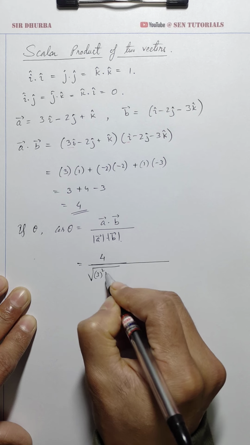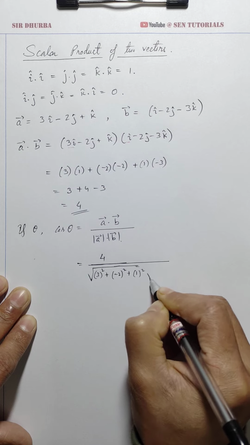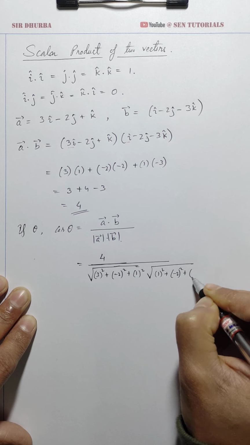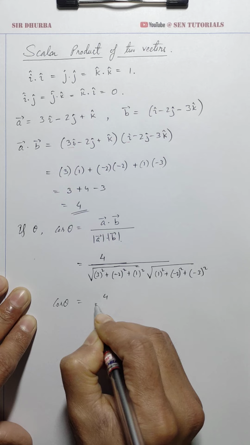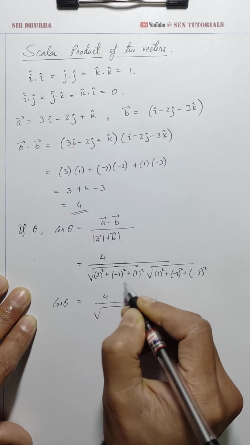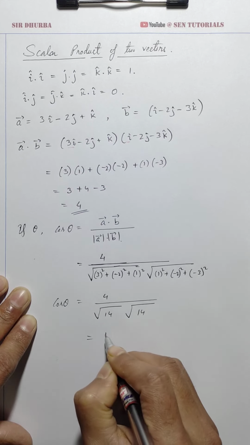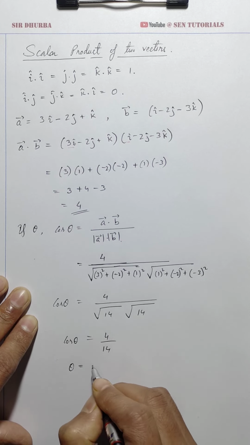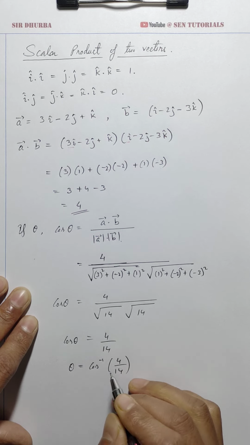So that's going to be root of 3 square plus minus 2 square plus 1 square, into root of 1 square plus minus 2 square plus minus 3 square. So cos theta equals 4 by, this will be 9 plus 4 plus 1, that is 14, and 1 plus 4 plus 9, that is 14. So that will be 4 by 14, or in other words, theta equals cos inverse of 4 by 14, or 2 by 7.